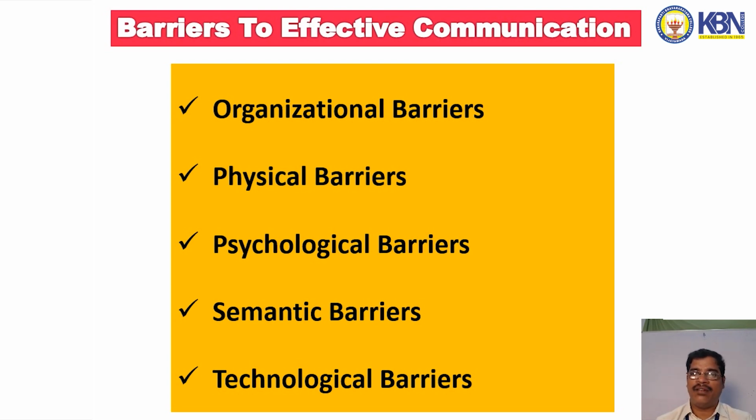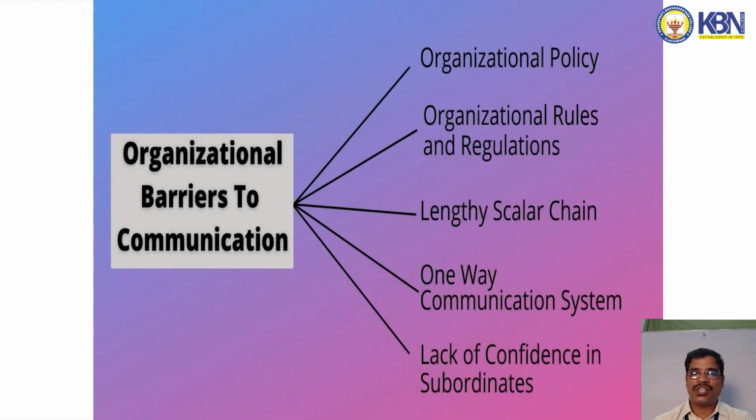See, we have five effective communicational barriers. These five barriers are obstructing, deviating, and creating a disturbance when communication is going on. The first one is organizational barriers to communication. What are the barriers which come from the organization? Organizational policy, organizational rules and regulations, lengthy scalar chain.